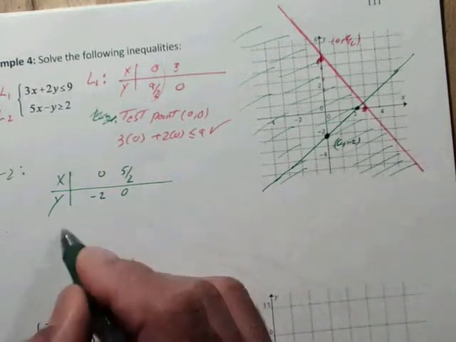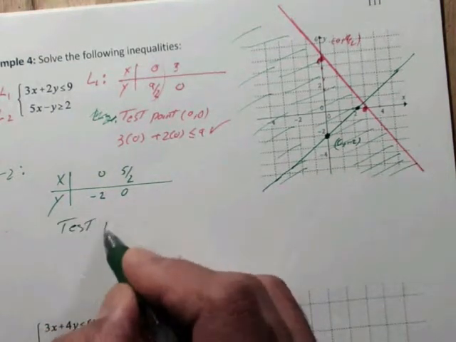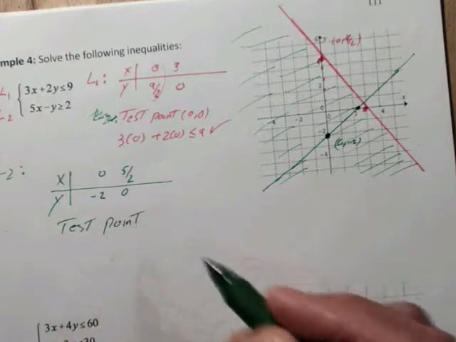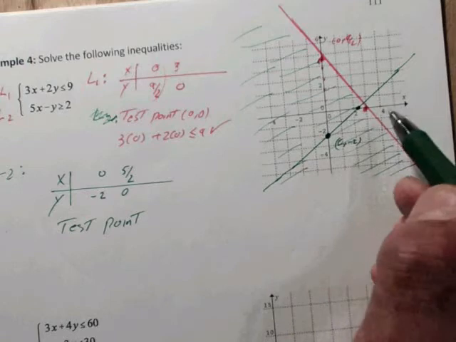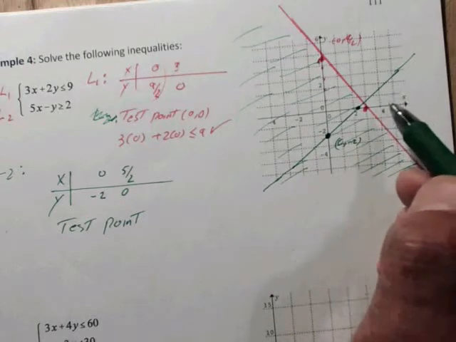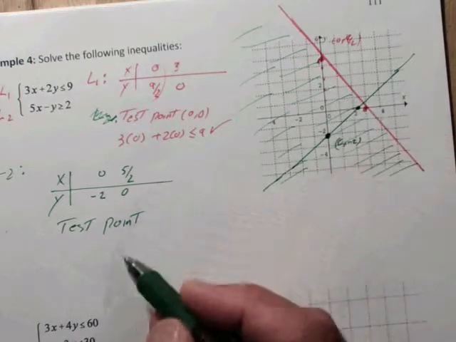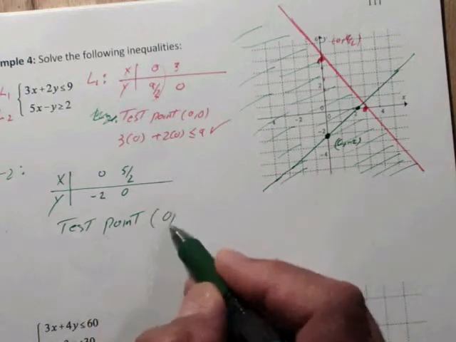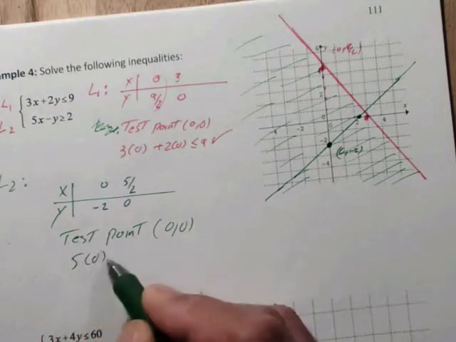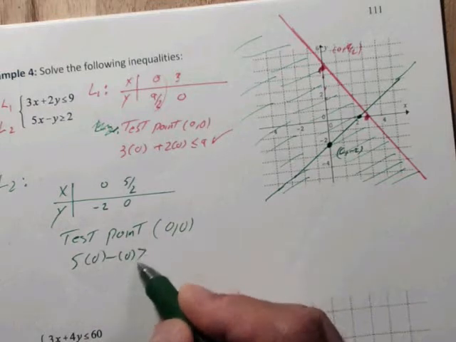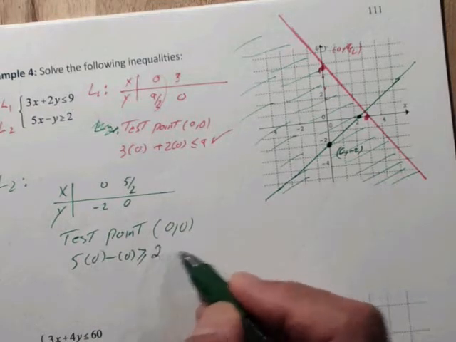Then the test point. This point 0, 0, of course. You see 0, 0 is not on that line. So with the second equation, 5 times 0 minus 0 bigger than or equal to 2.